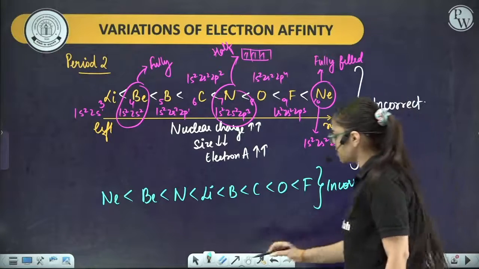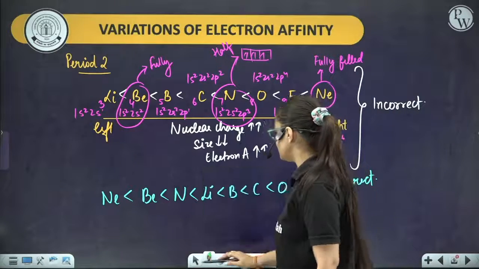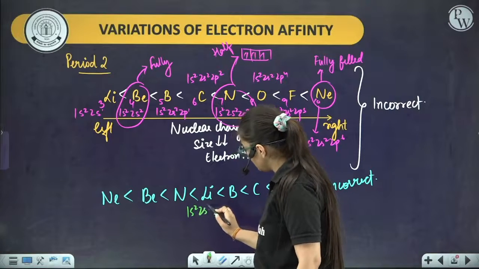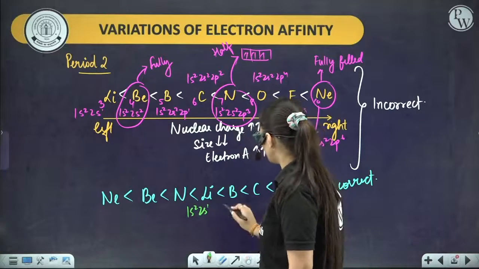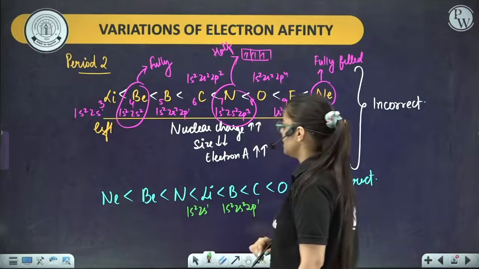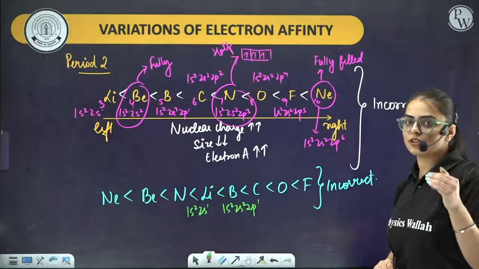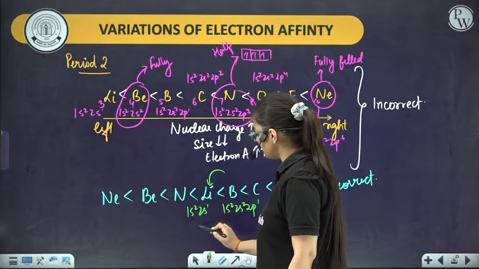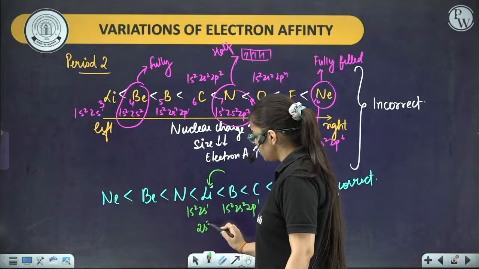Then ma'am, what will happen? See, let us write the configuration for lithium and boron. Lithium is 1s2, 2s1, right? If I talk about boron, 1s2, 2s2, 2p1. In electron affinity, you are adding one electron. If you add one electron to lithium, it will become 2s2, which is stable.